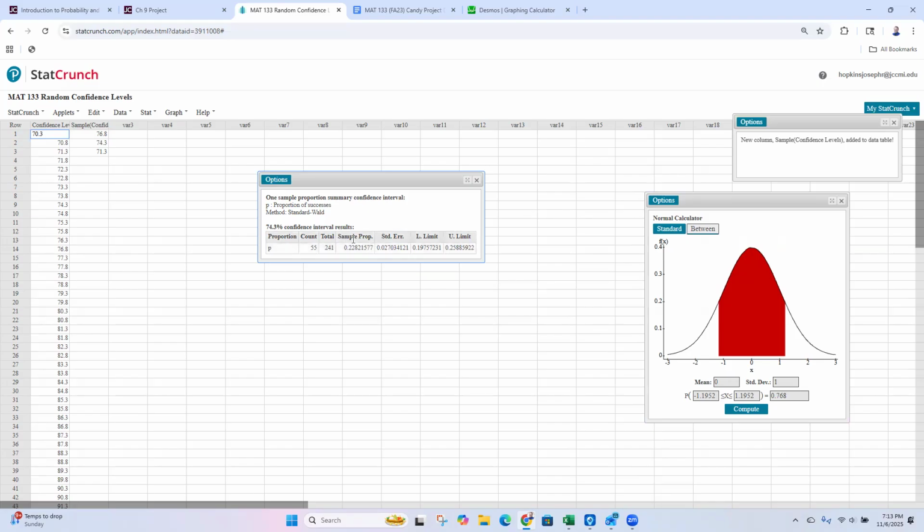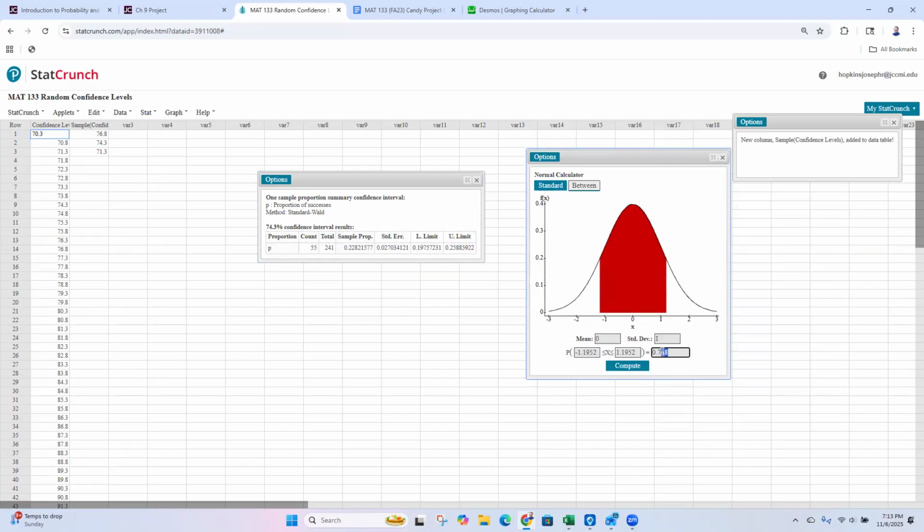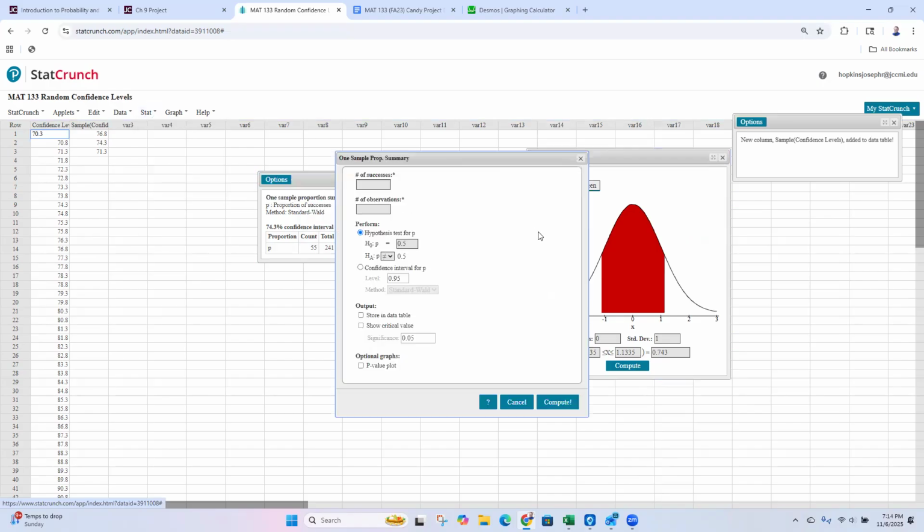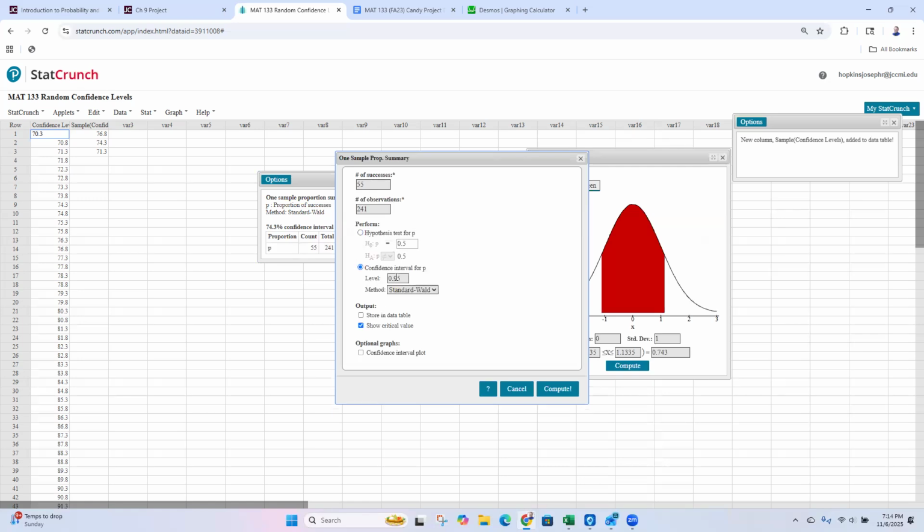Oh, and where's my z alpha? You have to tell it to include the critical value. That's right. Now I have to do it again. Yep, show me my critical value.